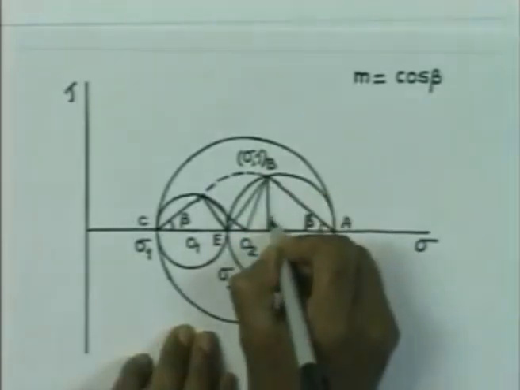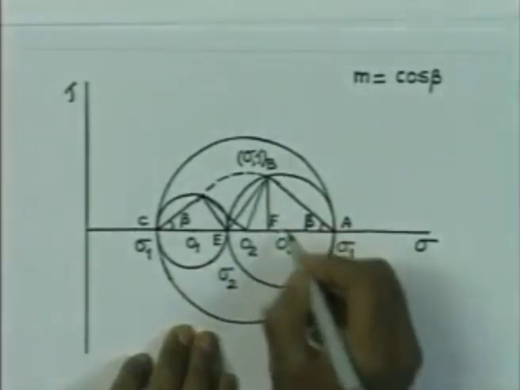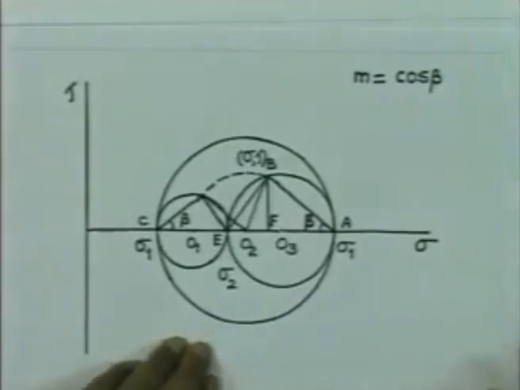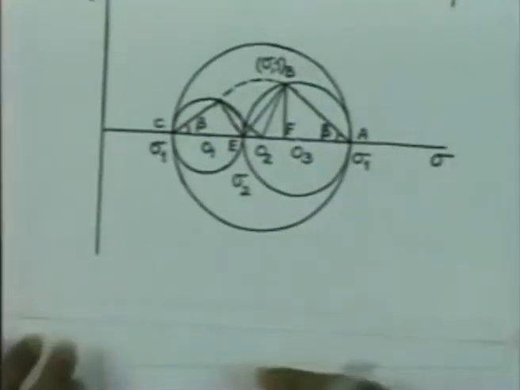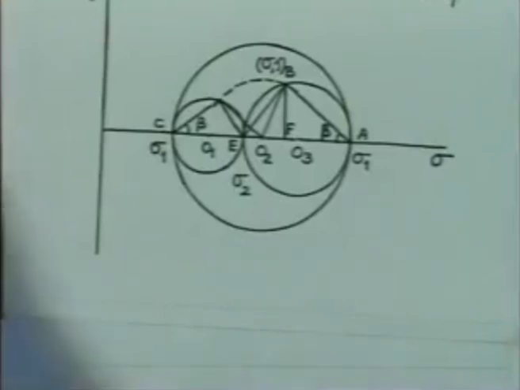Let us say the foot of the normal is F. Now, this construction will be used to derive the expression for m square.